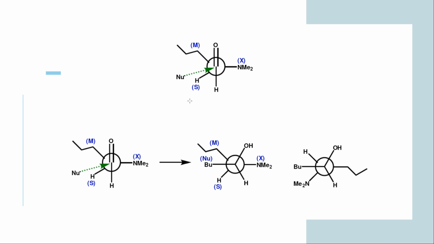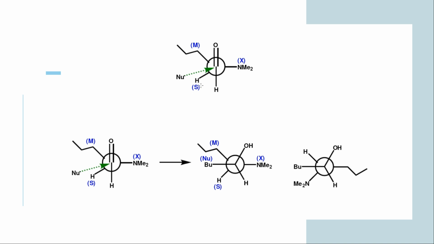The incoming nucleophile is electron rich, and this electronegative atom possessing lone pair of electrons is also electron rich. So to minimize electronic repulsion between its lone pairs and the incoming nucleophile, the nucleophile will always attack the carbonyl carbon from the side of the smallest group.